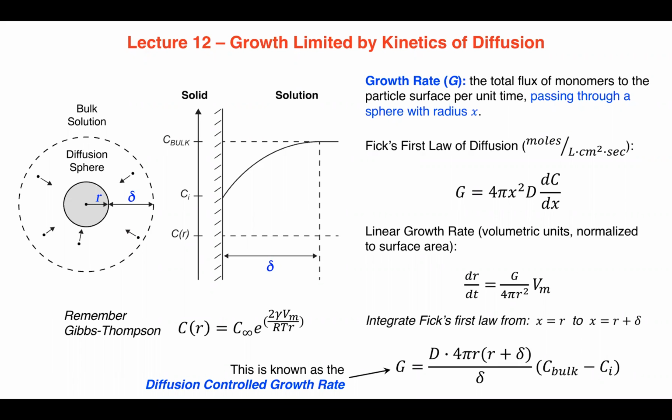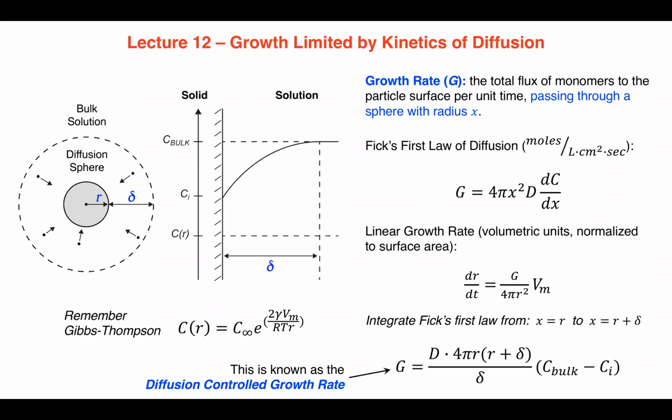All right, so if you take this expression and integrate from R to R plus delta, now from here to here, you end up with what's called the diffusion controlled growth rate. Again, we've got the diffusivity here, we've got R, we've got delta, and then this quantity in parentheses.